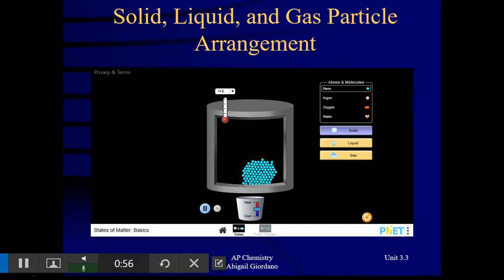If we look at a liquid, however, liquids have more motion. Intermolecular forces are at play here. You will notice that on occasion, we'll see a couple of particles jump off the surface and escape into the gas phase, and that can happen.